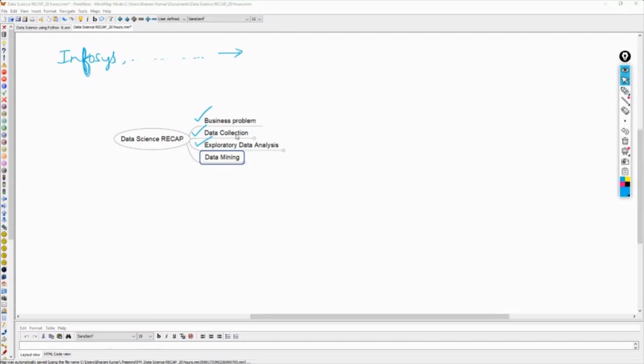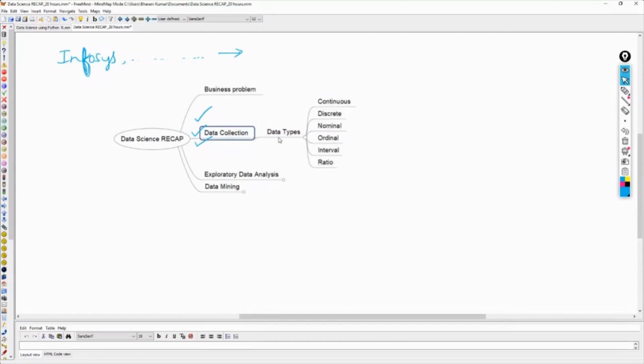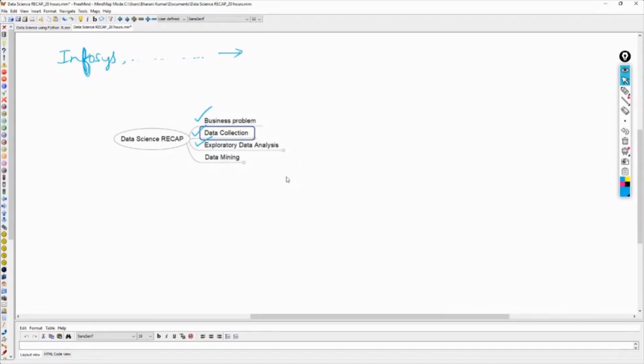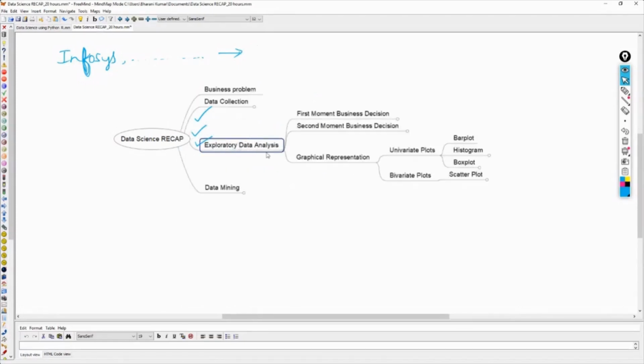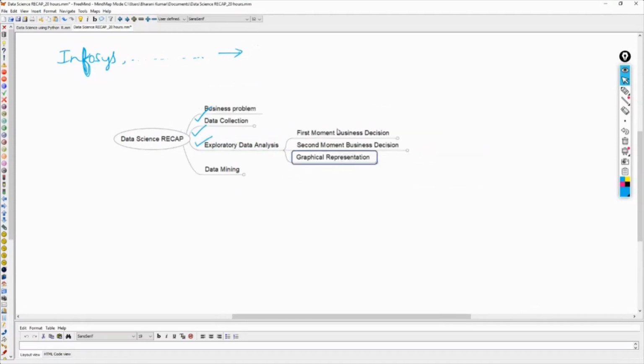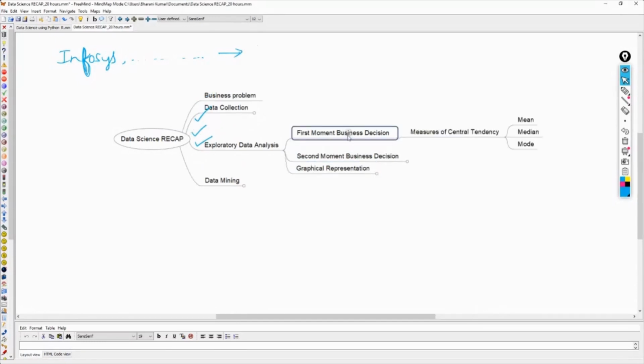And we discussed about these, right? How do you collect the data? These are the various data types: continuous, discrete, nominal, ordinal, interval, ratio. Once you have the data, you perform exploratory data analysis, wherein you do first moment business decision, second moment business decision, and graphical representation. First moment business decision is also called as measures of central tendency, where you have mean, median, and mode.